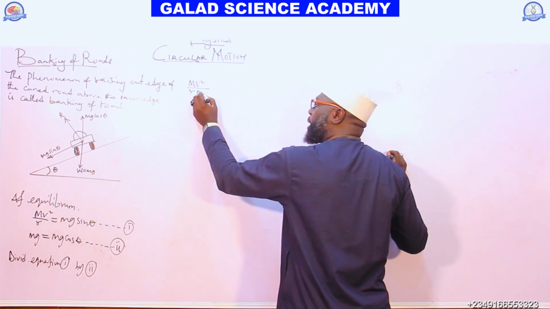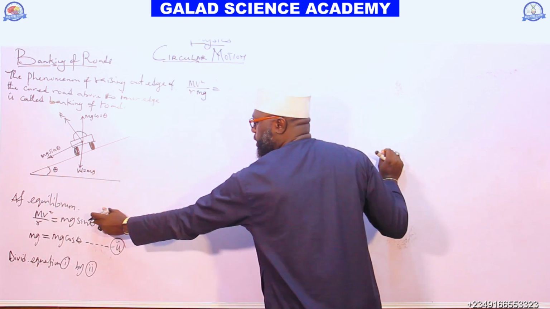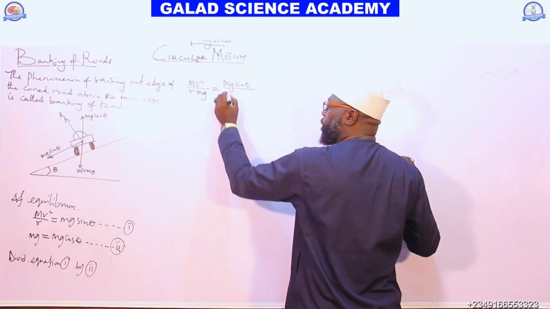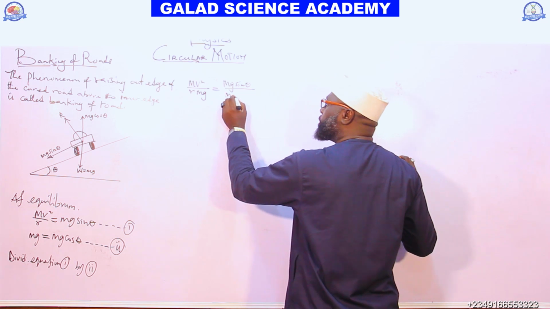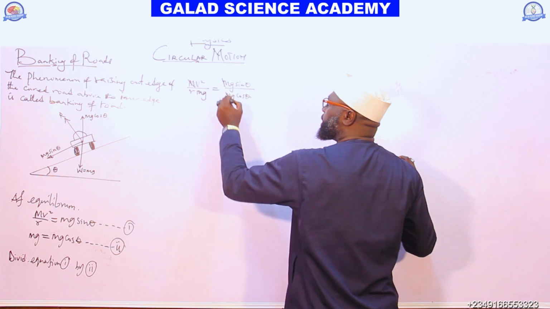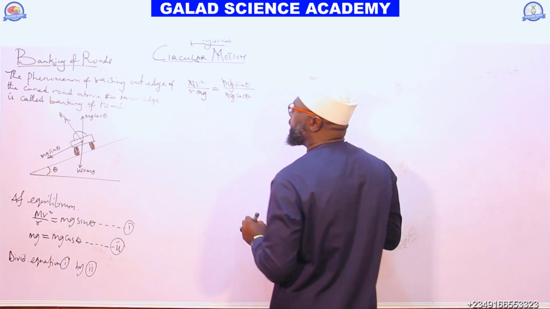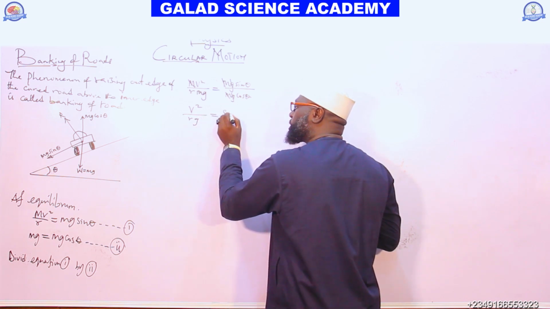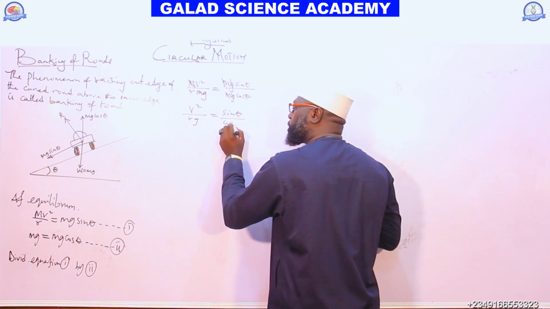We now have mv square over R over mg equal to mg sine theta over mg cos theta. This m cancels m, and these cancel each other. You now have v square over Rg equal to sine theta over cos theta.